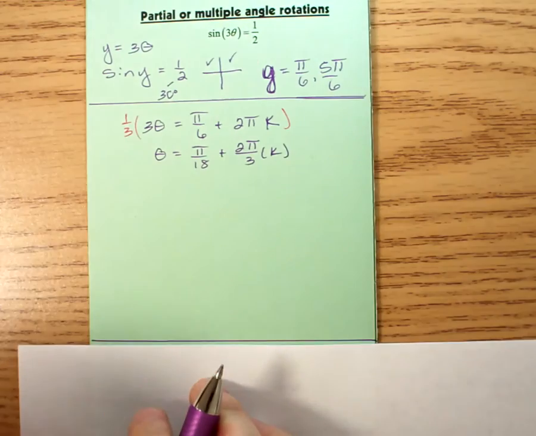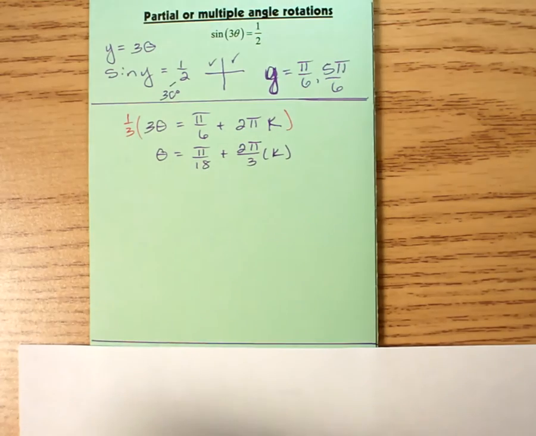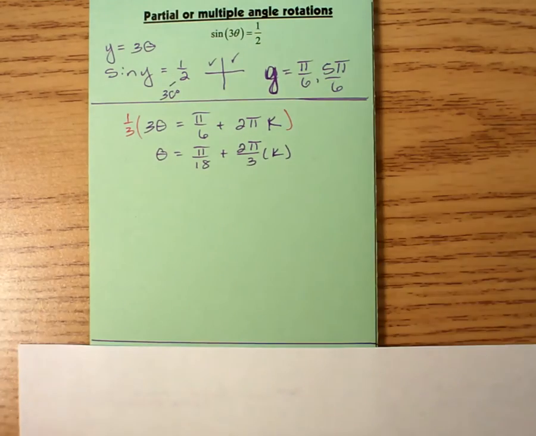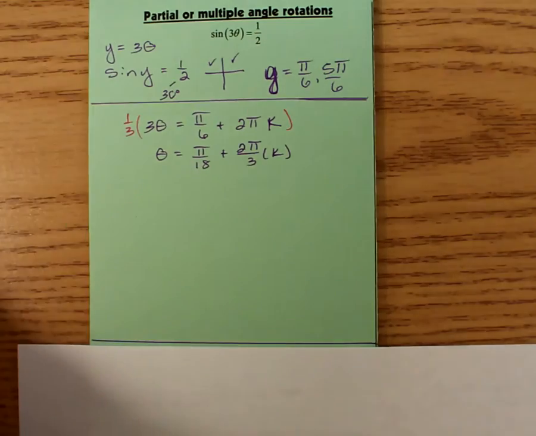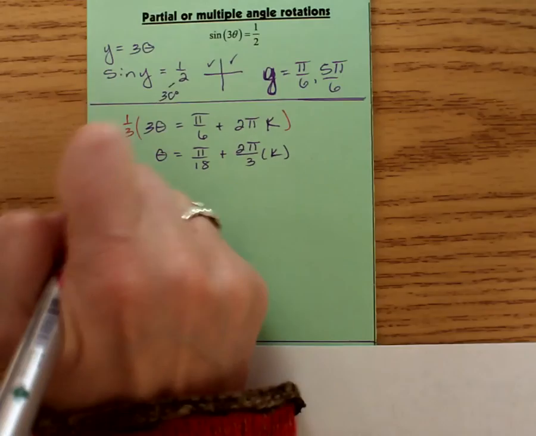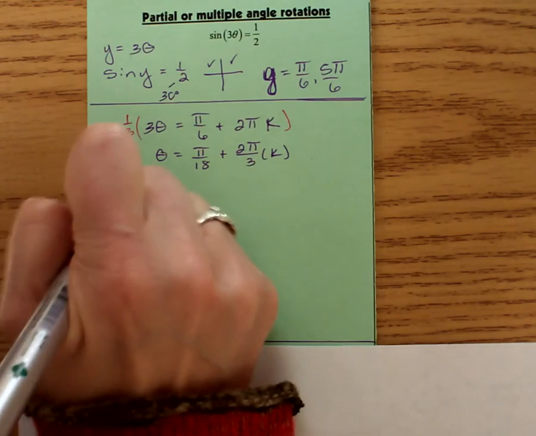Now we're going to go through what are called iterations of k, and we're going to find our final answers for theta. I'm going to first assume, what if k just equaled 0?